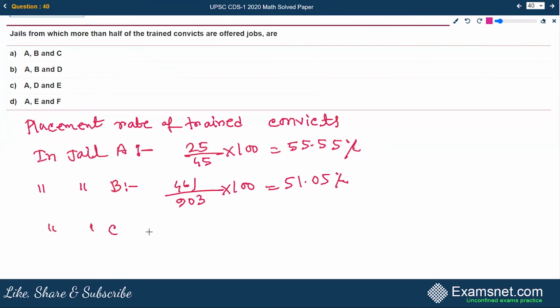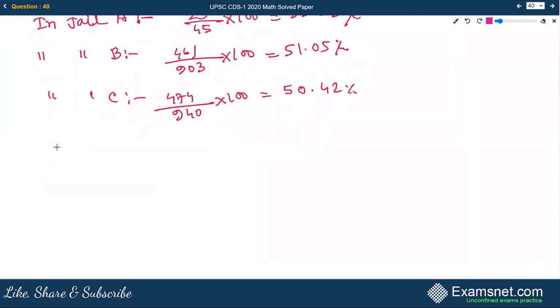In jail C, 474 by 940 multiplied by 100, so that is 50.42%. And in jail D, 416 by 869 multiplied by 100, that will give us 47.87%.